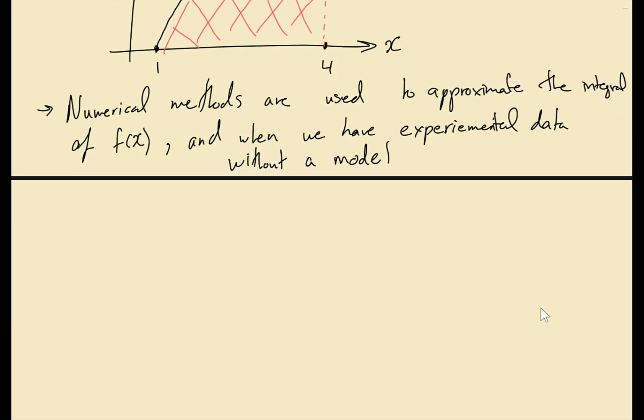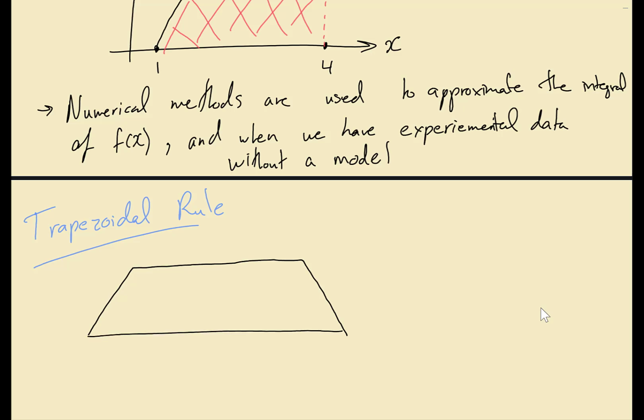All right, so looking at the trapezoidal rule, first we're going to look at what is a trapezoid, right? So a trapezoid has the following shape, where I have two sides. So this side is A, this side is B, and A and B represent the length of each one of these sides.